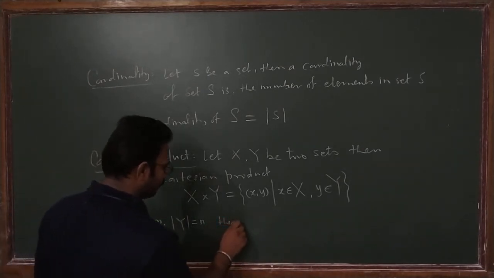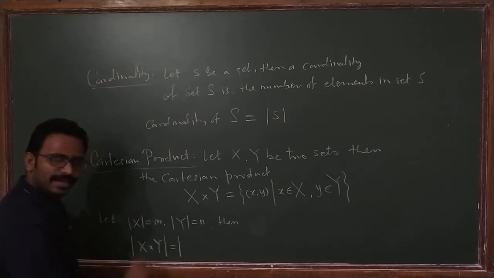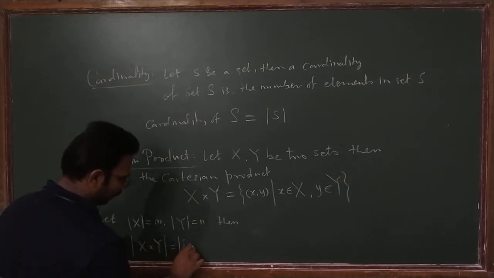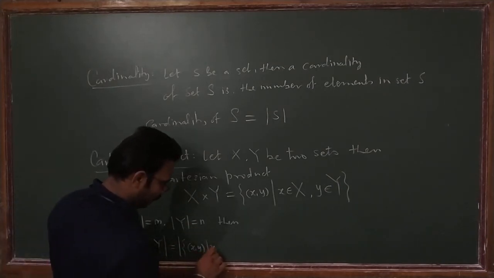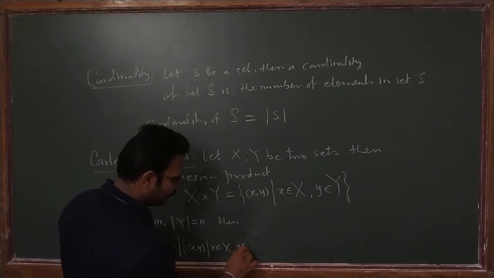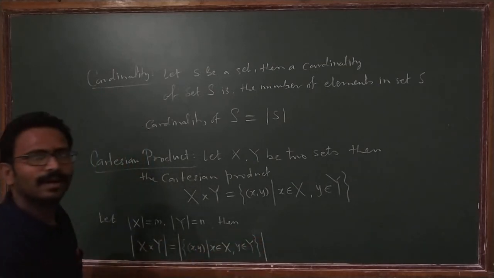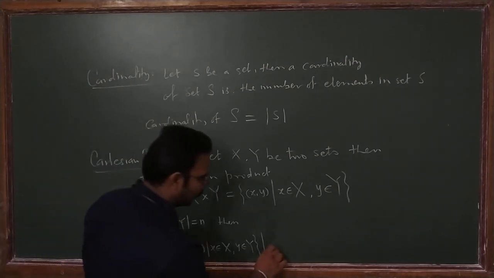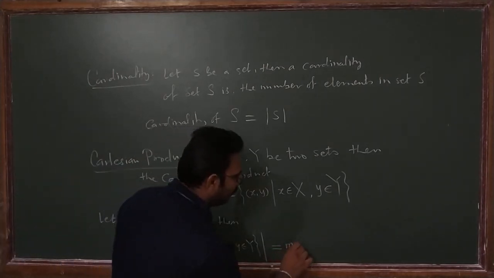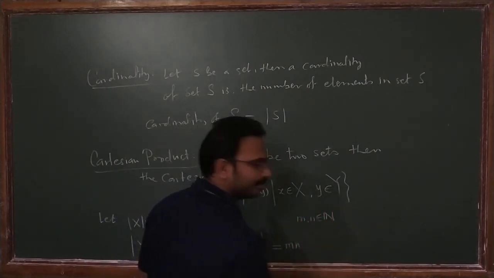The cardinality of x cross y, the collection of elements (x, y) where the first member is from the first set and the second member from the second set, has to be m into n, where m and n are natural numbers. Okay?